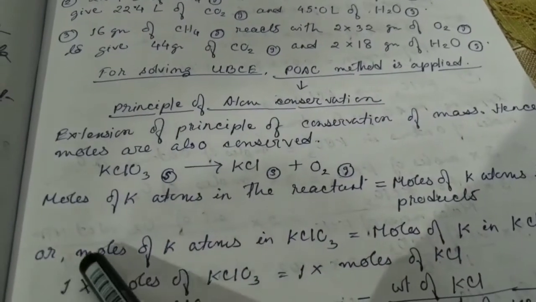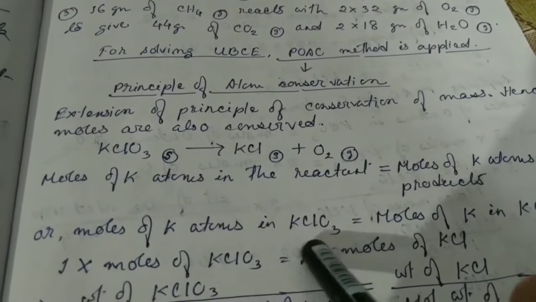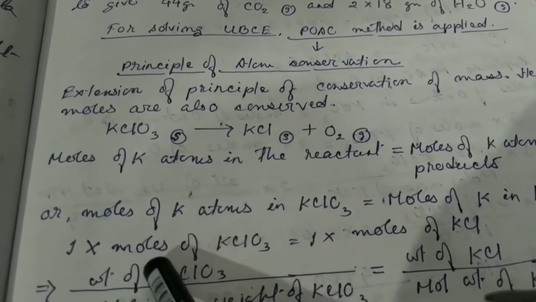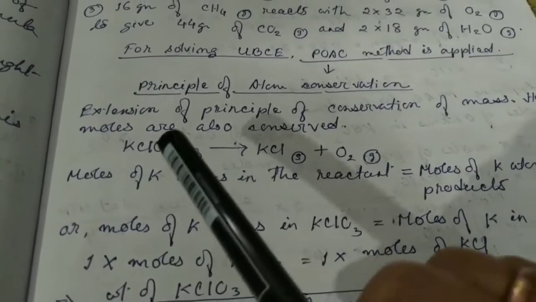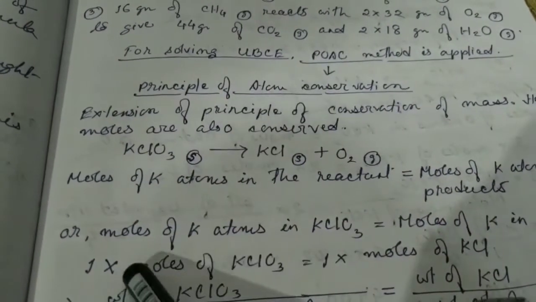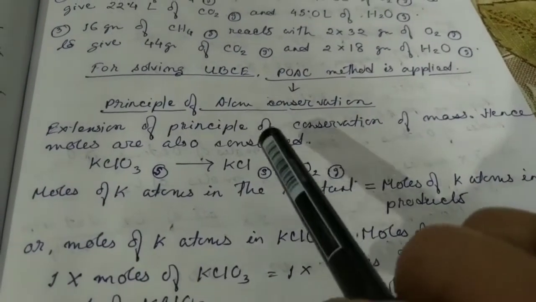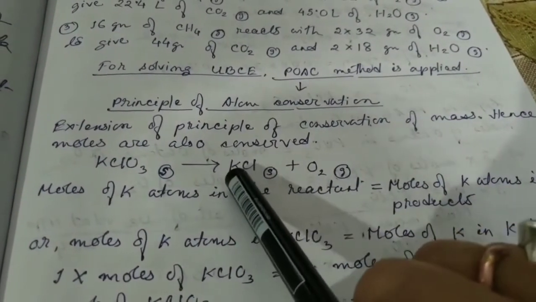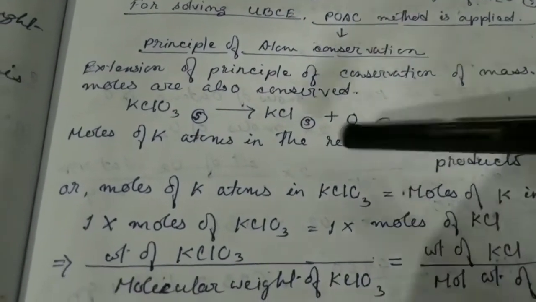So moles of potassium atoms in KClO3 will be moles of KClO3 multiplied by the atomicity of potassium, that is 1. So 1 into moles of KClO3 should be equal to 1 into moles of KCl, because the atomicity of potassium is again 1 in KCl.